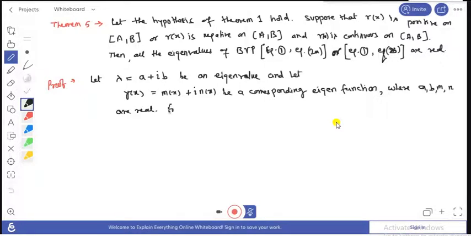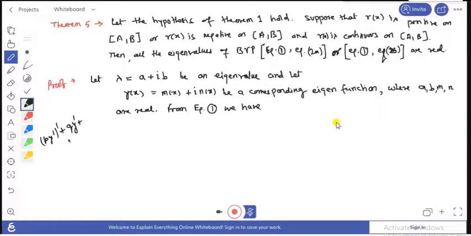Okay, so from equation one, what is your equation one? Equation one says that (p y')' plus q y plus lambda r y equals 0.